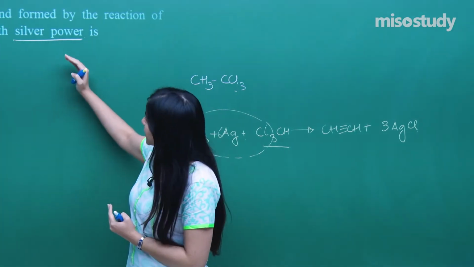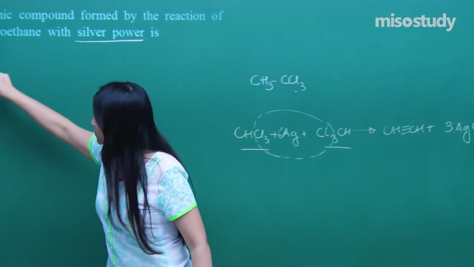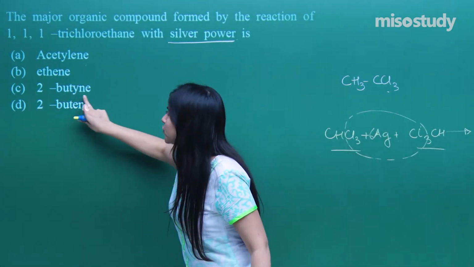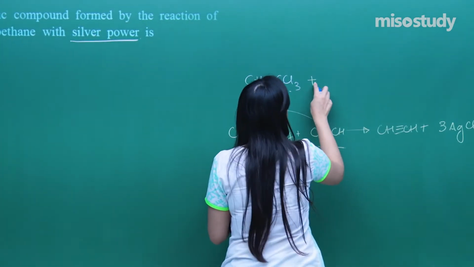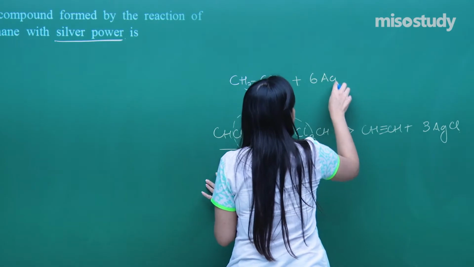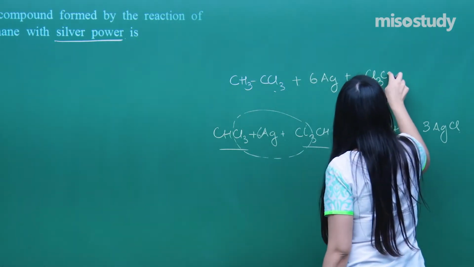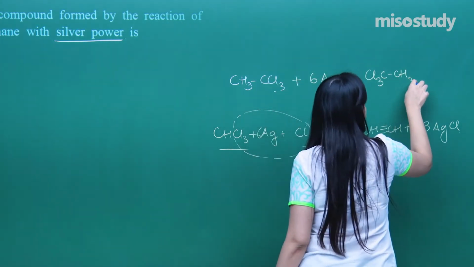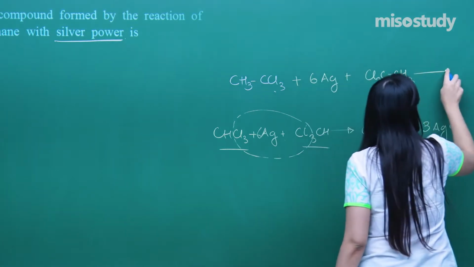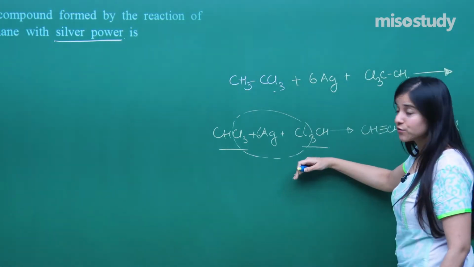So I need to find out the major organic product, major compound which is getting formed: acetylene, ethene, 2-butyne and 2-butene. So let us just have the product. I am using again 6 Ag, Cl3C, CH3. So that is what we need over here. And again a similar sort of reaction that we have done over here.